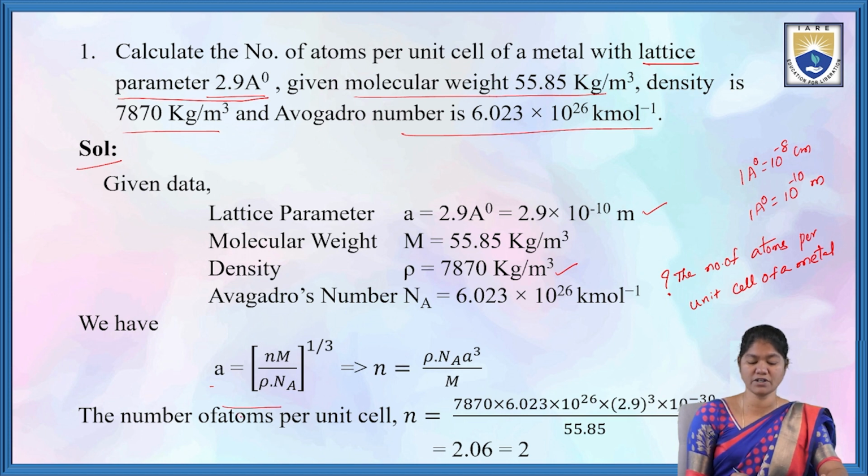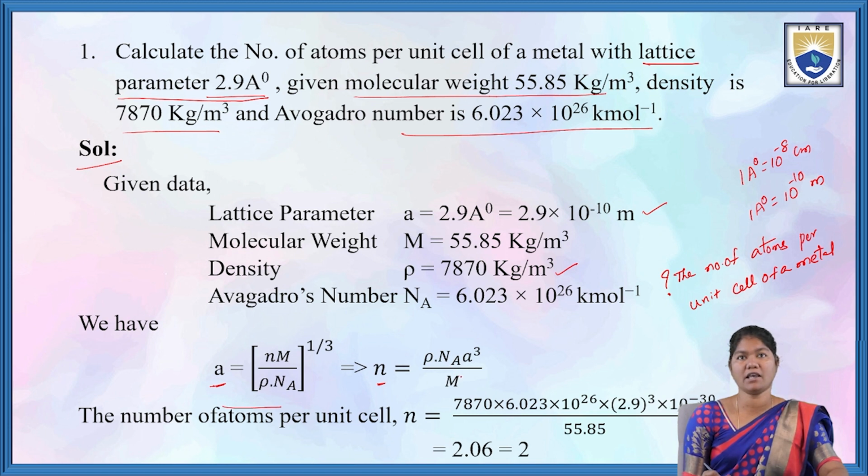So from this, we need to calculate N because the lattice parameter is given in the problem, but we need to find the number of atoms. So from this expression, N is equal to rho Na A cube by M.